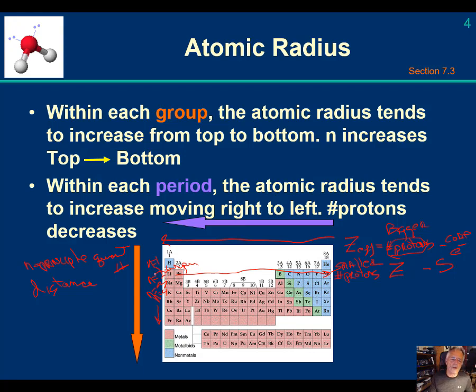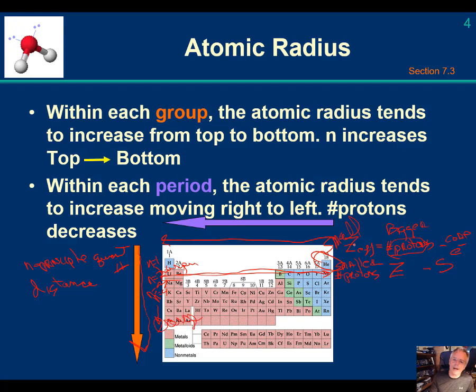Okay? So the trends are the atomic radius increases as you go from top to bottom. It increases going from this side to this side. I think an easier way is just to say this side is small and this side is large.